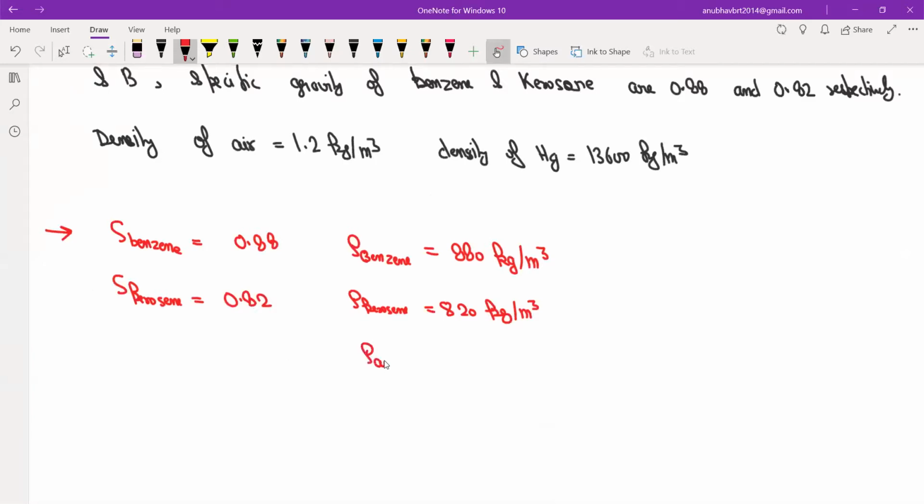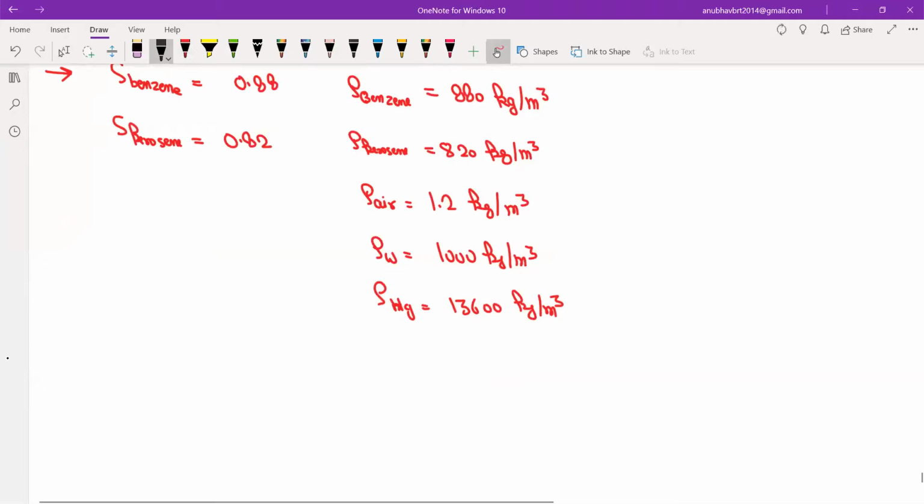Density of air is 1.2 kg per meter cube. Density of water is 1000 kg per meter cube. Density of mercury is 13,600 kg per meter cube.